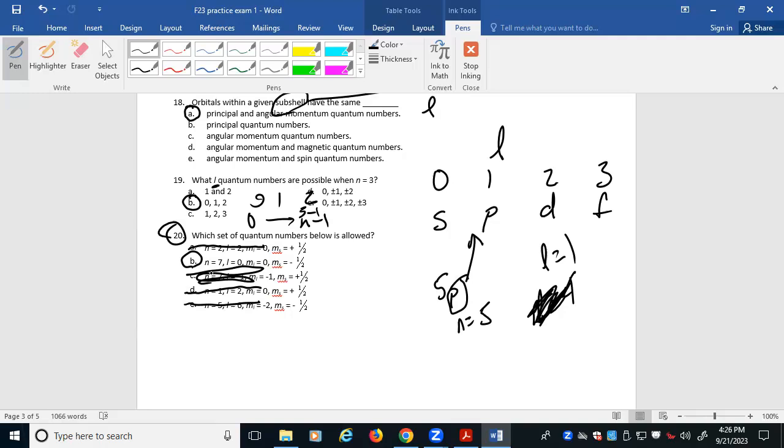If we're talking about L, negative numbers never come into the discussion. But if we were talking about M sub L, then yes, M sub L would have negative numbers in it, up to negative L and over to positive L. And so that's where D and E are being deliberately obtuse and trying to see if you really know the difference between L and M sub L.